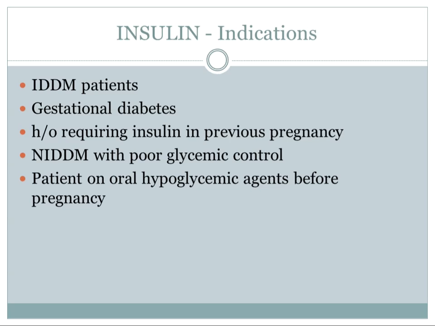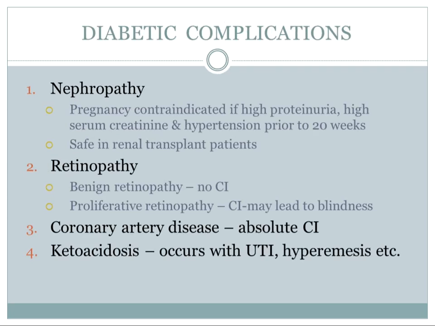Any pre-gestational diabetes patients, or gestational diabetes with high hyperglycemia not getting control with only food and exercise, or if she had pre-gestational or gestational diabetes in a previous pregnancy and it was not controlled without insulin. Or you have tried oral hypoglycemic agents but the control is not good, poor glycemic control. So all these are indications for insulin, but practically, as I told you, most of the patients we put them on insulin.